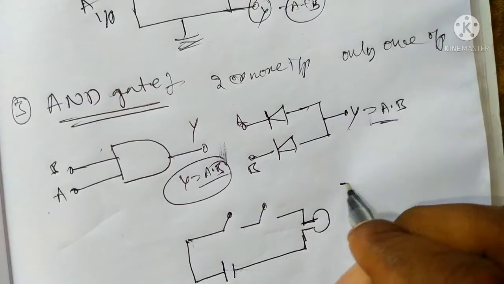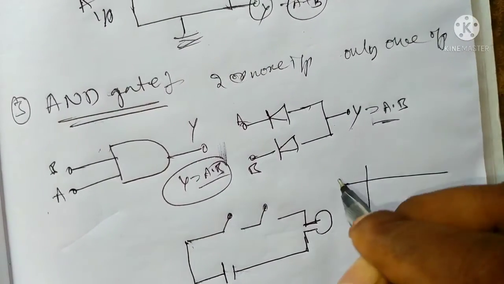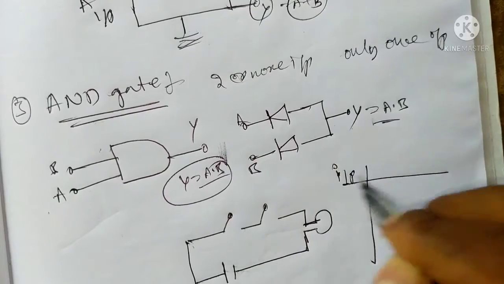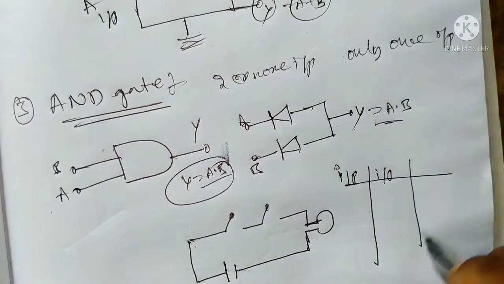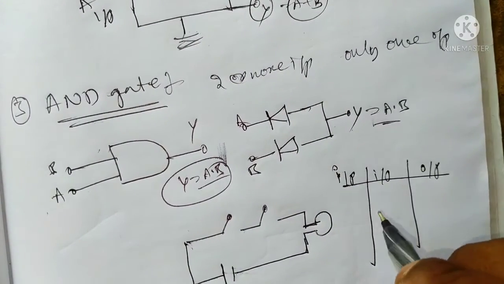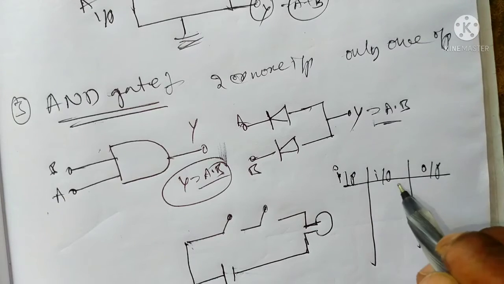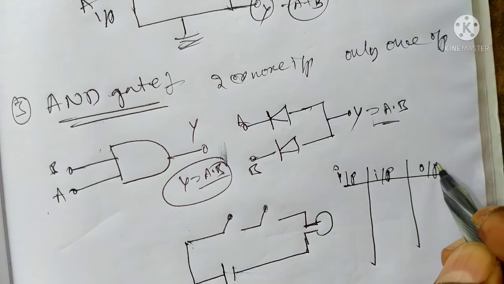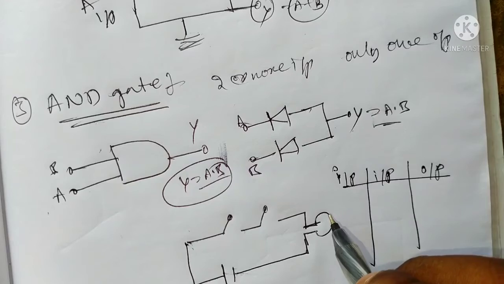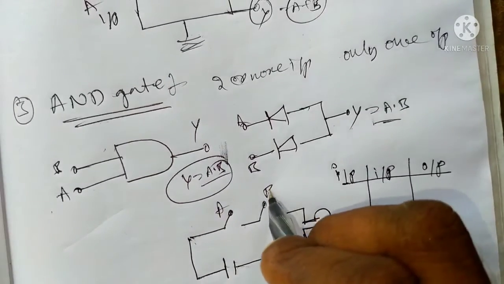Like this, there is the input, terminal A, terminal B, and the output.